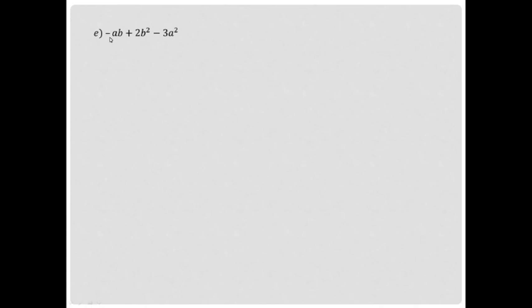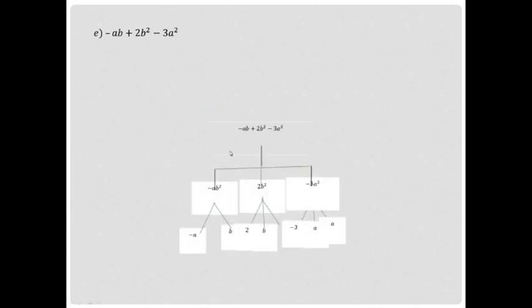Then number E contains minus ab plus 2b squared minus 3a squared. Here there are 3 terms again: minus ab, then plus 2b squared, then minus 3a squared. So we can separate it into minus ab, 2b squared, and minus 3a squared.